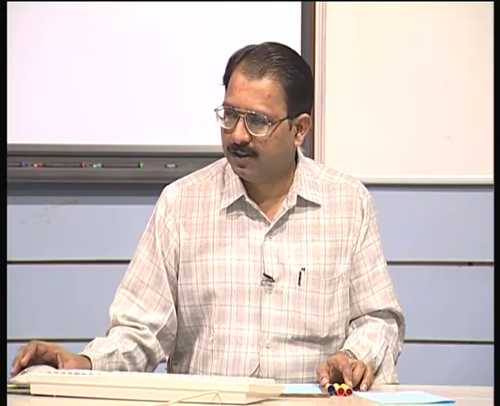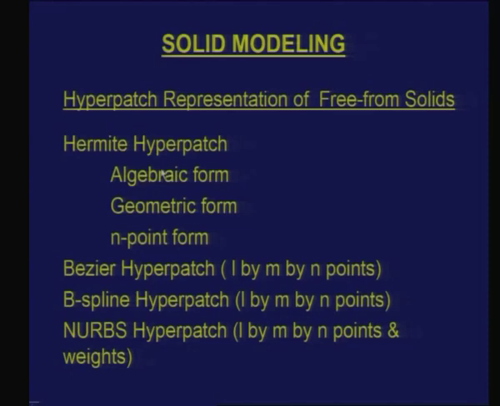So, I can have a tricubic Hermite hyperpatch, which is defined by 64 points, that is 4 into 4 into 4, a matrix of points. So, this is one way of looking at solids. Then the definitions can be extended to Bezier hyperpatch or B-spline hyperpatch, and also NURBS hyperpatch.